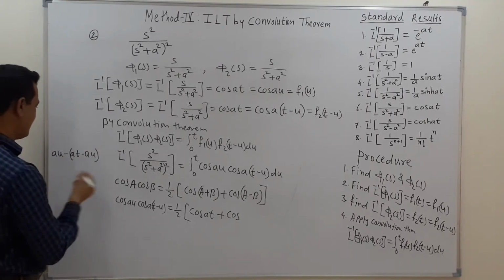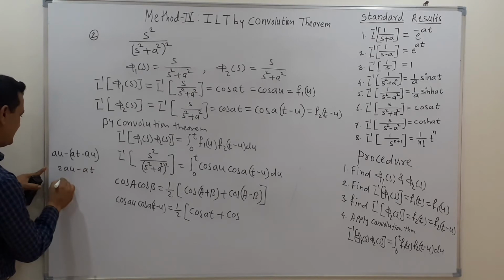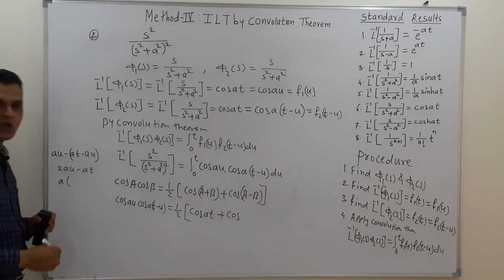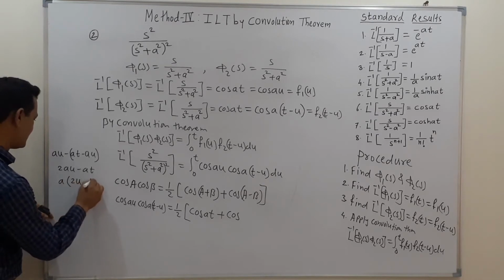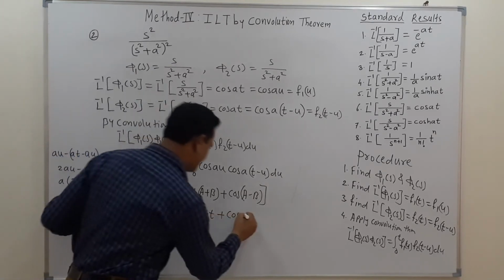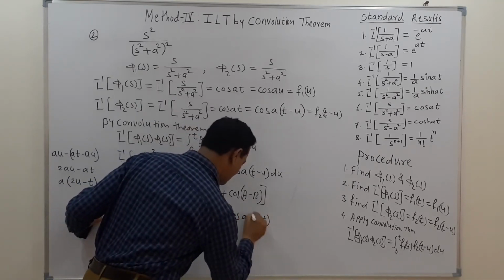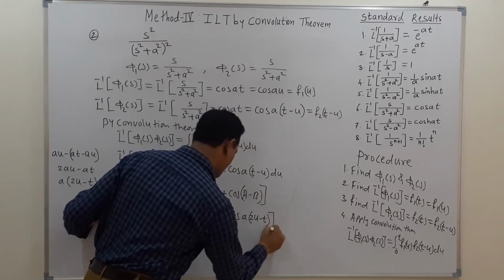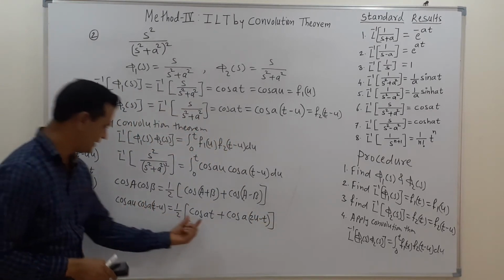After taking the subtraction, we get au minus at plus au, which is 2au minus at. If we take a common, we get a times (2u minus t). So this is the angle, and the bracket stays as it is. In this way we get this as the cos term.